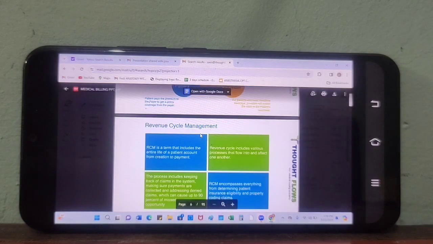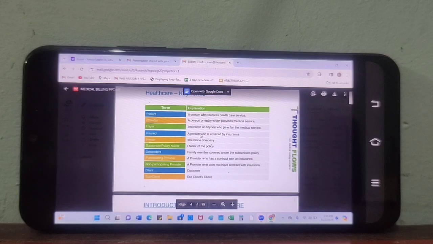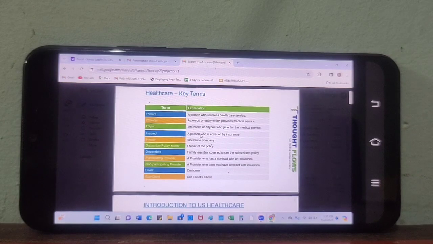Before that, what information do we want to know? I think everybody knows that the patient is the person who receives the service, the treatment from the provider. Provider is nothing but a doctor.